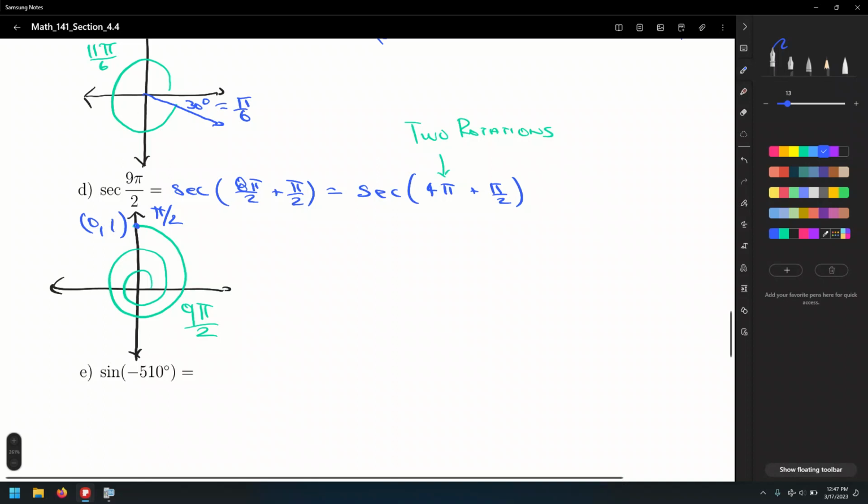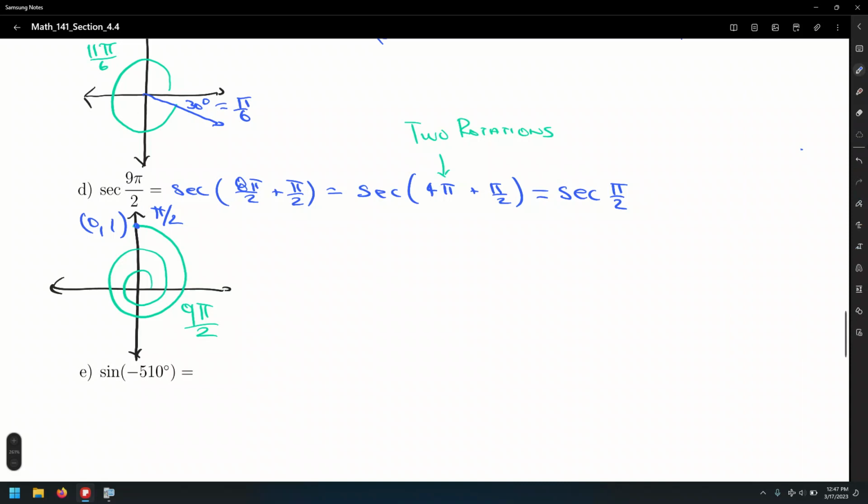In this case, no need to change any signs because it's a quadrantal angle. It's not an angle in a quadrant. Well, technically it's on the positive y-axis. Never mind. So this is the same as saying secant of pi over 2. Now, from the top of my head, I can't evaluate secant of pi over 2. How about we use identities in this case?